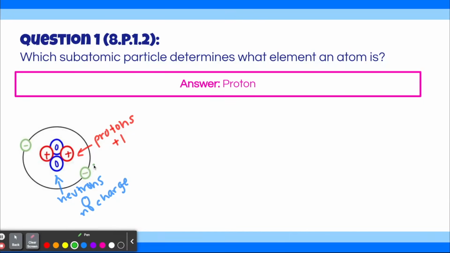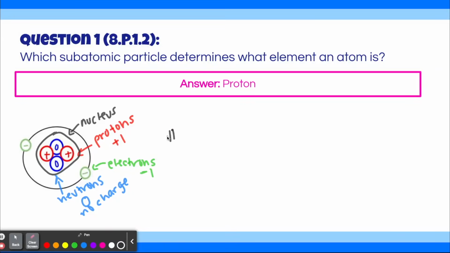The green ones over here are known as electrons, and they have a minus in them because they have a charge of -1. In an atom, the protons and neutrons, the ones right here in the center, are all in this group, and this group is known as the atom's nucleus.